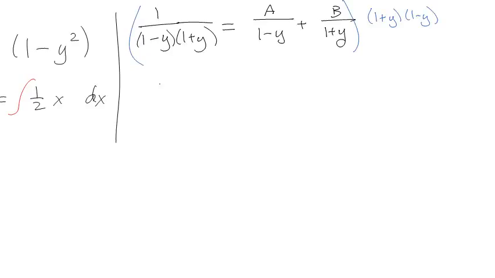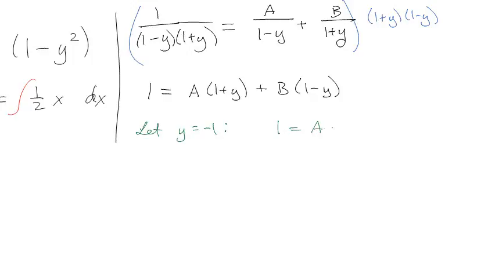And the reason, of course, is that when I do that I end up with A times 1 plus y plus B times 1 minus y. And there's a trick to finding A and B. If I want, I can let y equal negative 1. Because if I let y equal negative 1, I get a 0 here, and then I get a 2 here, so that means that B equals 1/2.